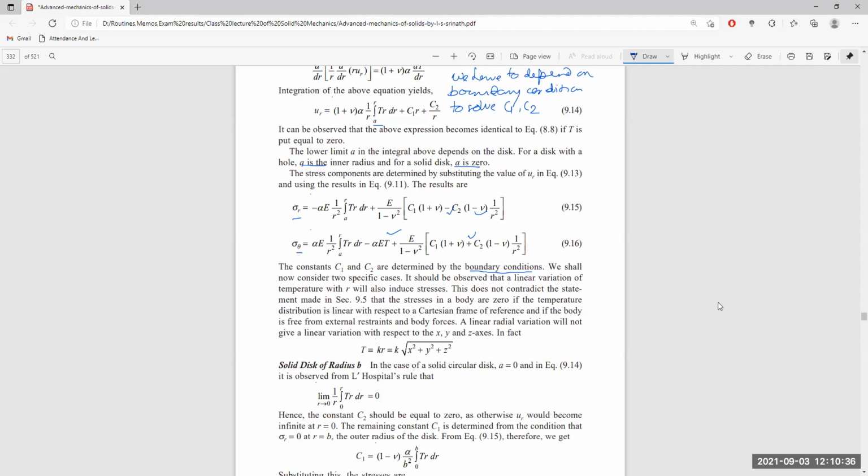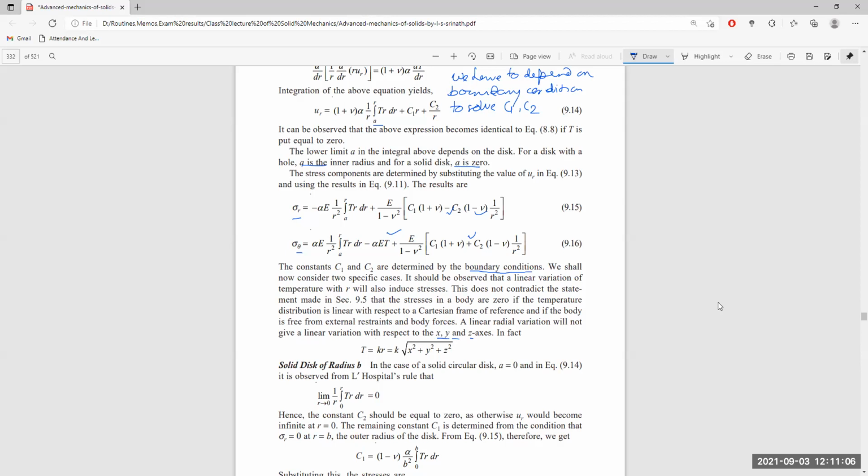A linear radial variation will not give a linear variation with respect to the x, y, z axes itself. So a radial variation will not create a linear variation in the x, y, and z direction. So the change in temperature is equal to K into r, where r is equal to the square root of x square plus y square plus z square.